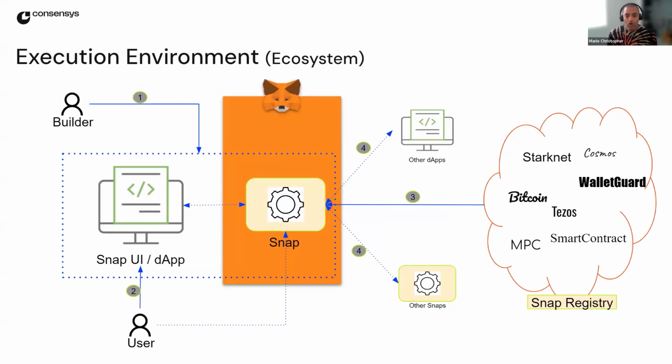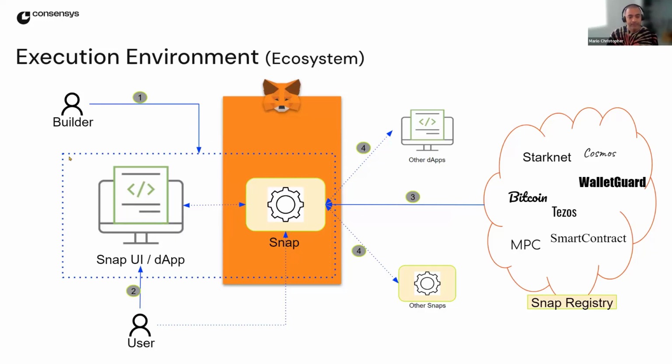So let's put all this into perspective and see how the whole 10,000 feet picture looks. In the center, you see the orange box, which is the MetaMask wallet. A builder starts off by coming up with an idea and saying, I have this wonderful idea. And the builder is going to develop something. Like we spoke, a snap is always accompanied with a DApp.